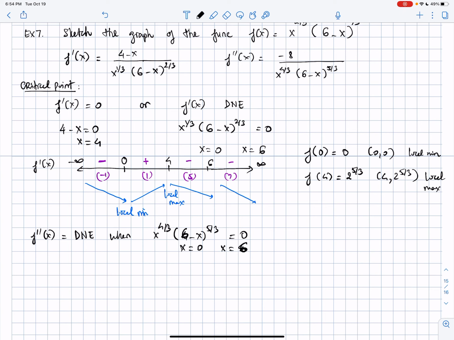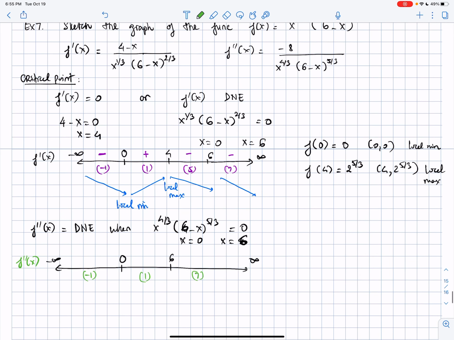Then we do the number line and put 0 and 6. We do the same thing and test points for f double prime. We test negative 1 here, 1 here, and then 7 here. What do we get?